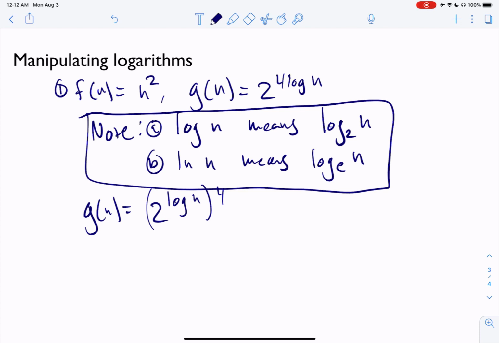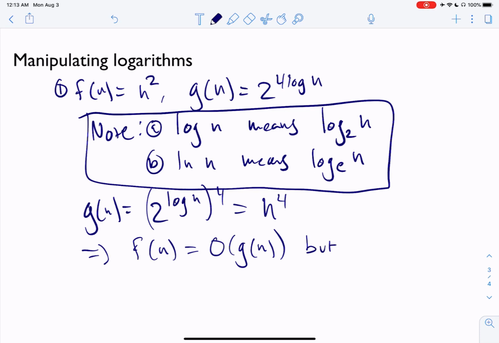And this makes our life a lot easier because now 2 to the log base 2 of n is simply n. This just becomes n to the 4th. So hence we can conclude that f of n, which is just n squared, does equal O of g of n, but g of n does not equal O of f of n.